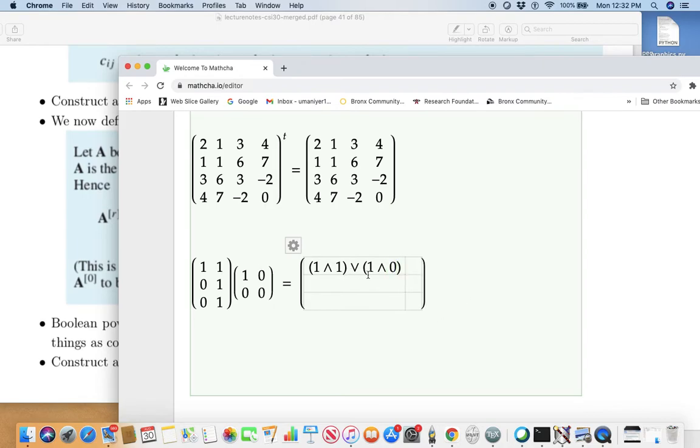Okay, let's figure out. 1 and 0 is a 0. 1 and 1 is a 1. 1 or 0 is a 1.